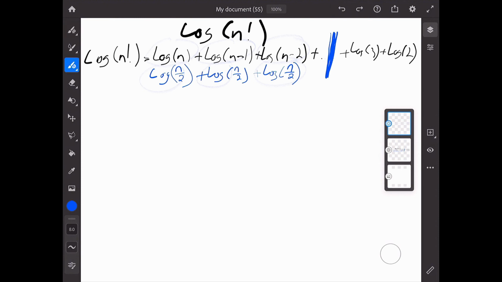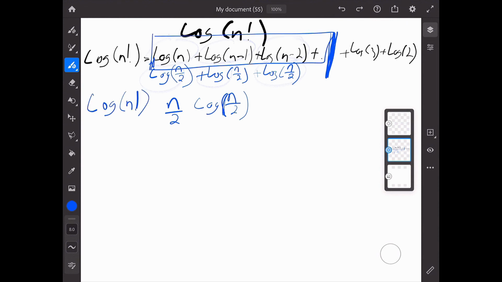We get over here n over 2 times log of n over 2, because there's n over 2 terms, and we've made each one log of n over 2. So that's necessarily going to be smaller than this piece right here. And then we'll just keep these other terms as they are.